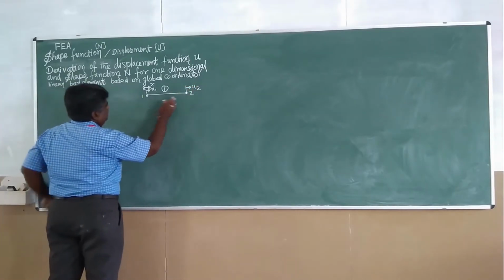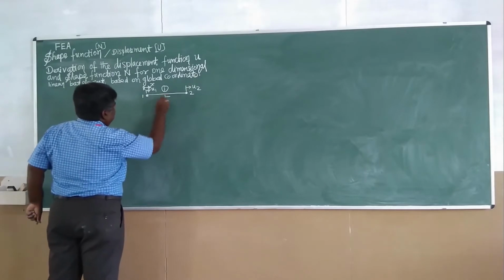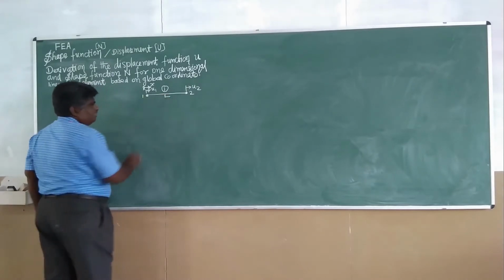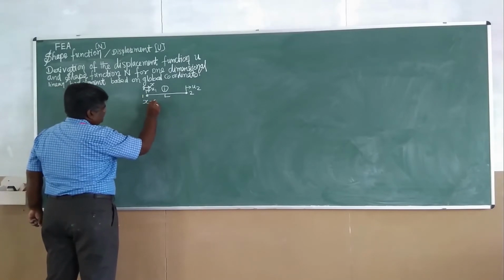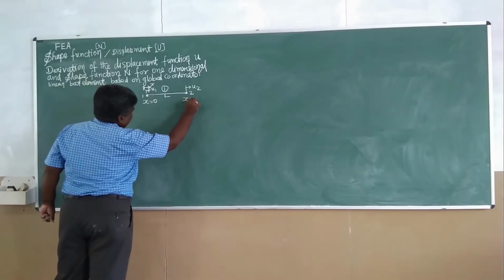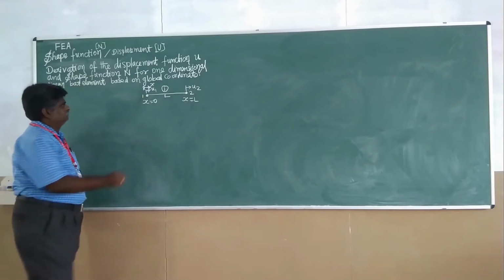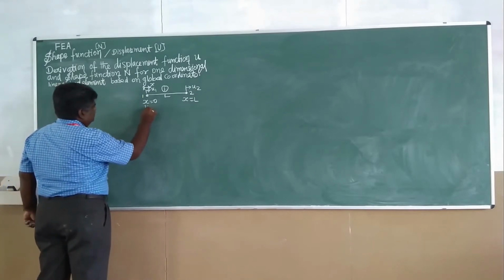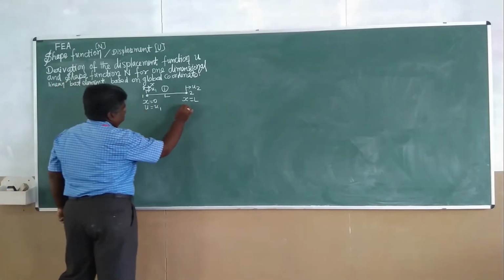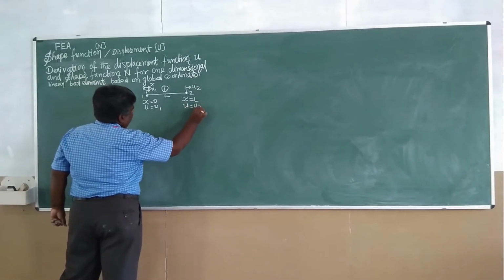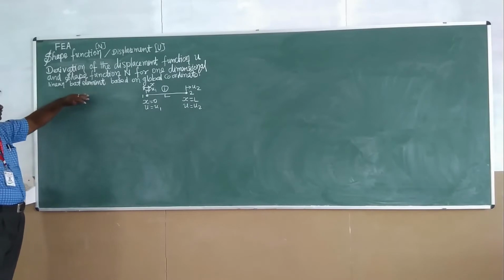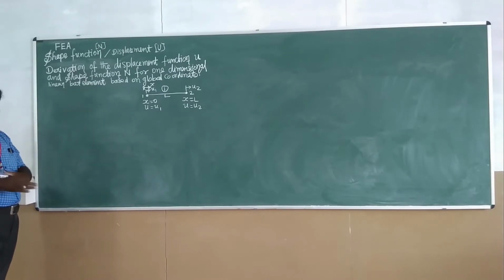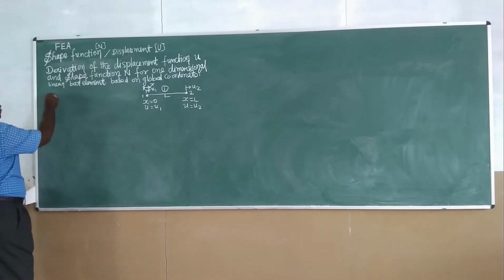The length of the element is L. The boundary conditions are x equal to 0, where u equal to u1, and x equal to L, where u equal to u2. The first step is to assume the polynomial trial function equation.